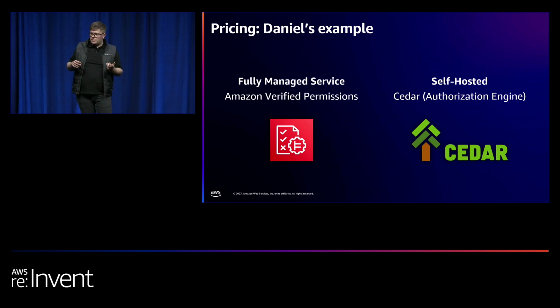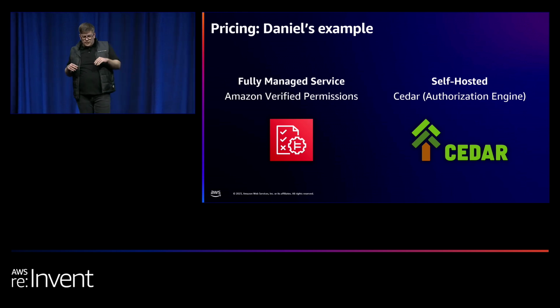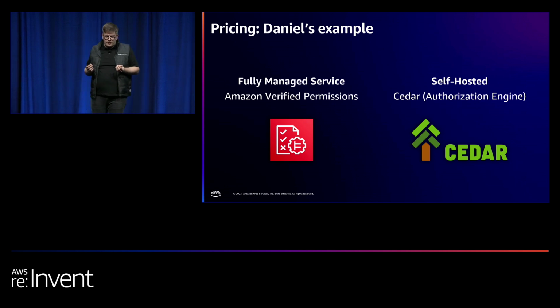If we would like to estimate within an enterprise organization, the MVP will take a couple of months, 3, maybe 5, depends. So what will be the ongoing monthly cost? The authorization requests to AVP, obviously, and also the cost of running a Lambda function or ECS to run that logic. And what is the opportunity cost?